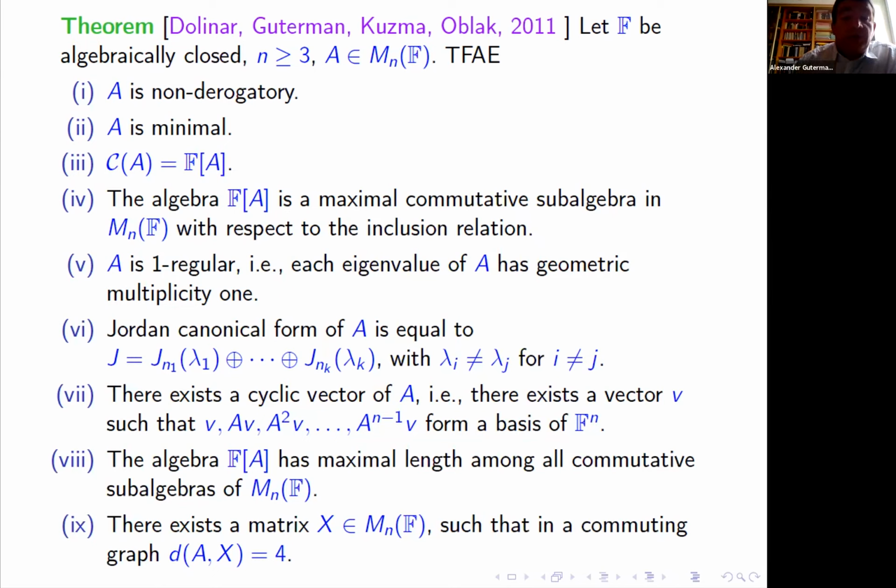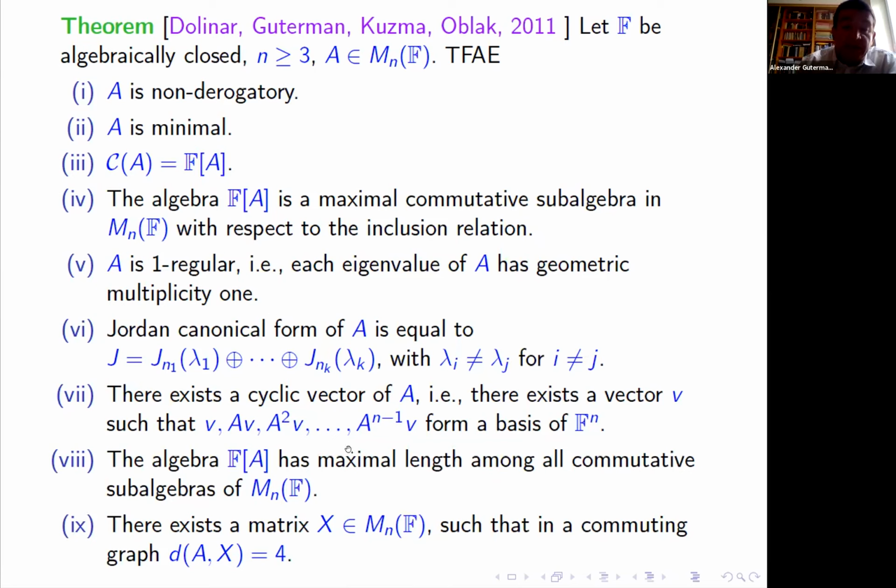In terms of Jordan normal form, to each eigenvalue we have just one Jordan block.